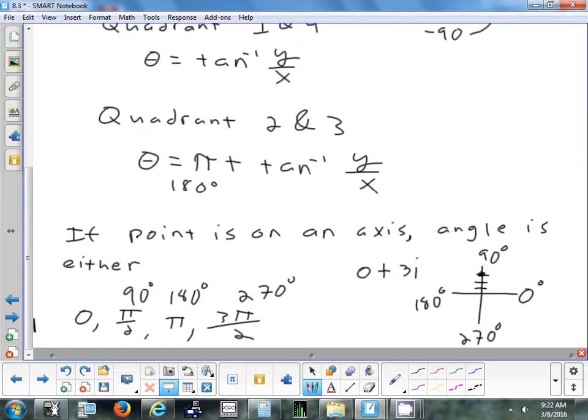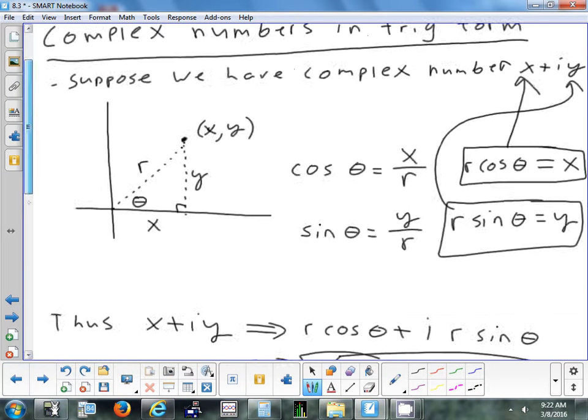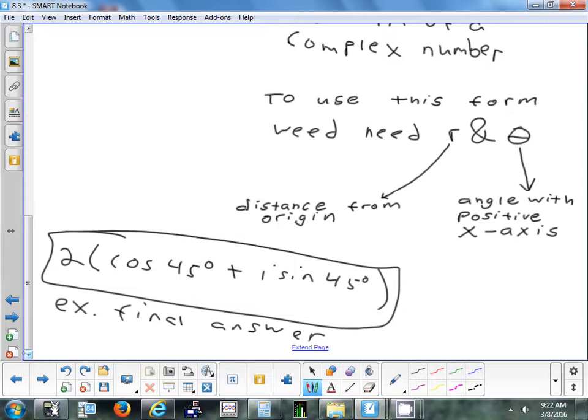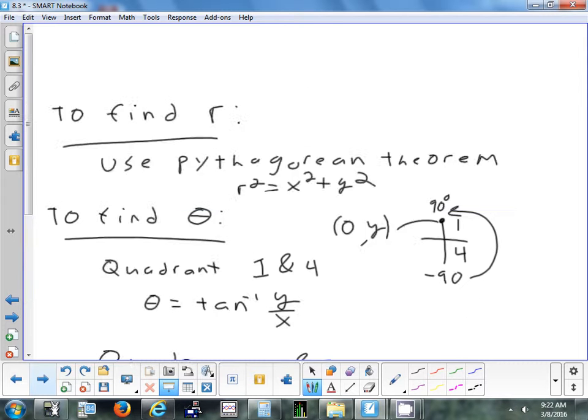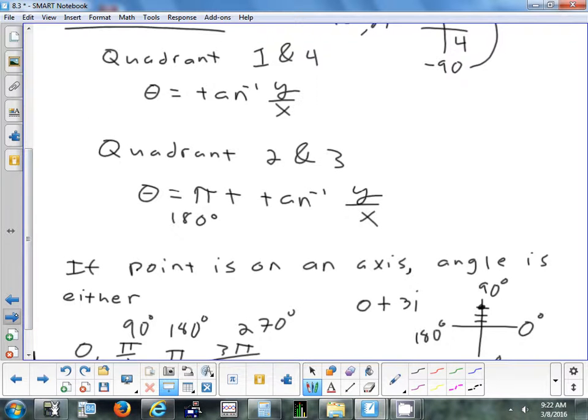R would be 3, theta would be 90. You'd fill those two things in these two spots, 3 and 90. And that would be it. Okay, but we're going to go through a few where you actually have to do some calculations.